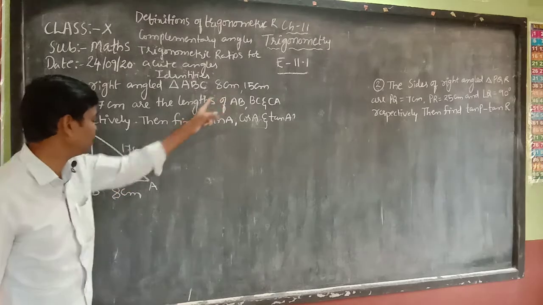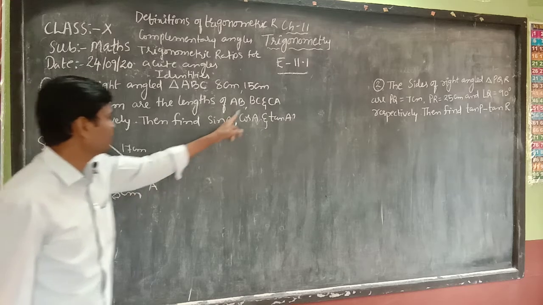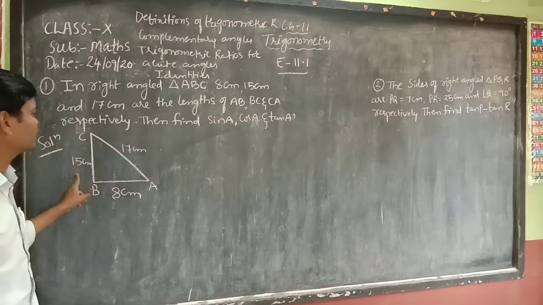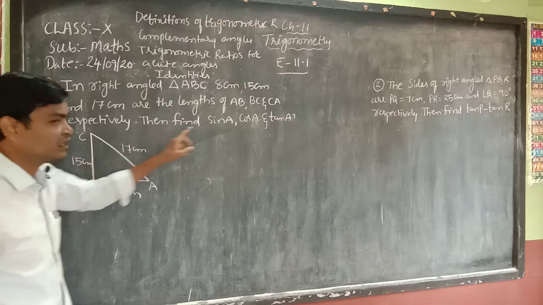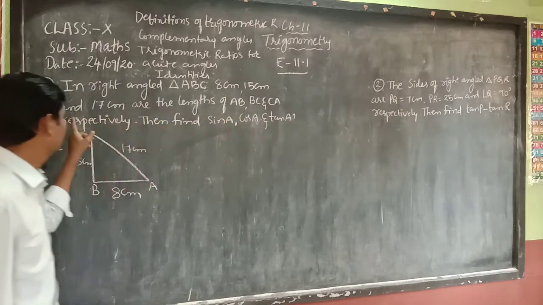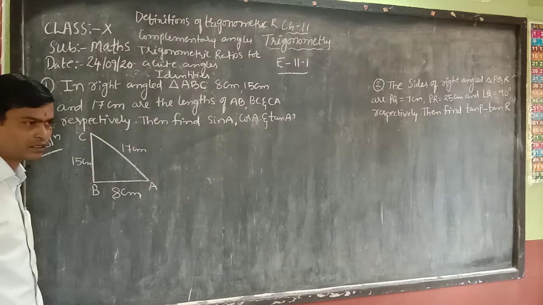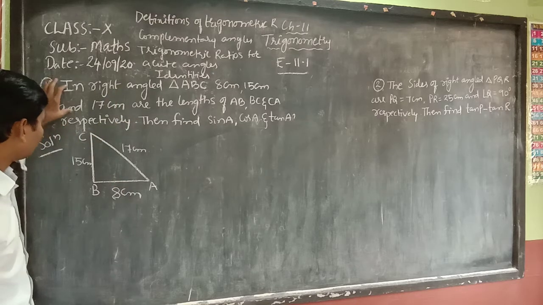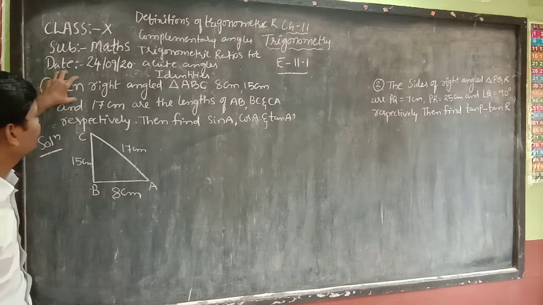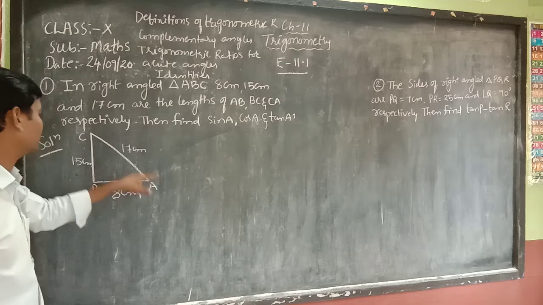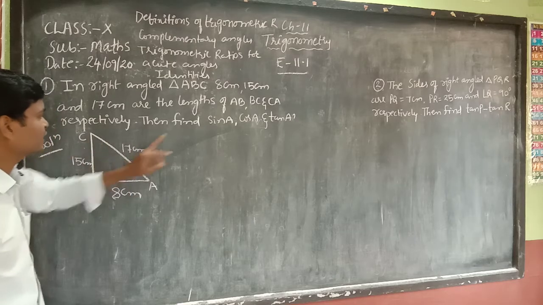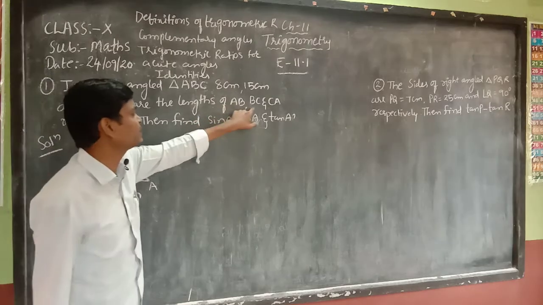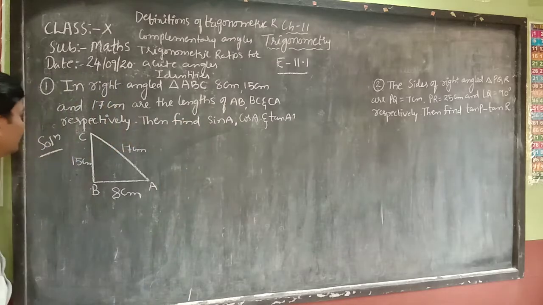So what he gave in right angle triangle ABC, we have drawn, and in that we have mentioned AB, BC and CA. Up to here it is clear.